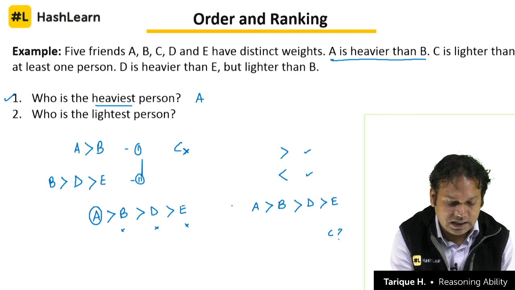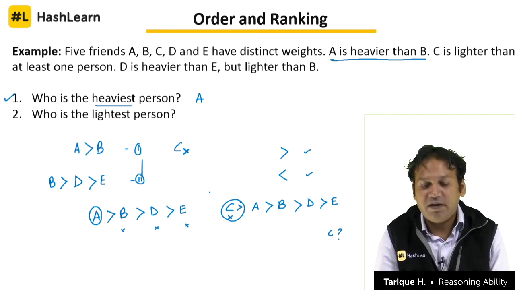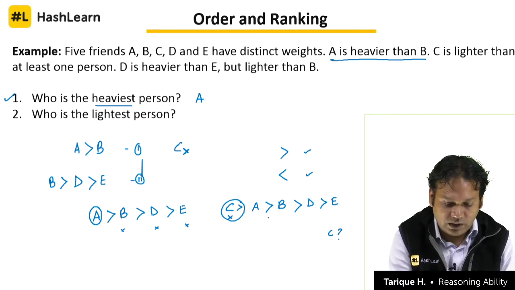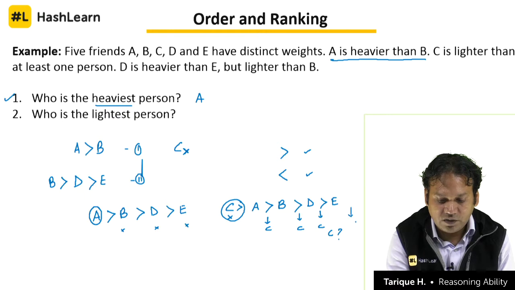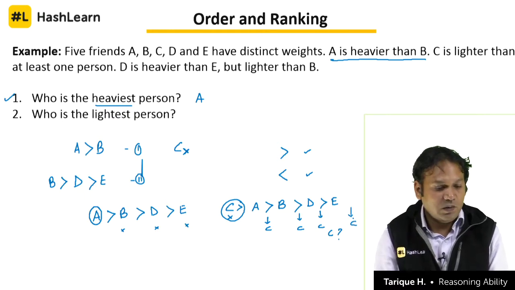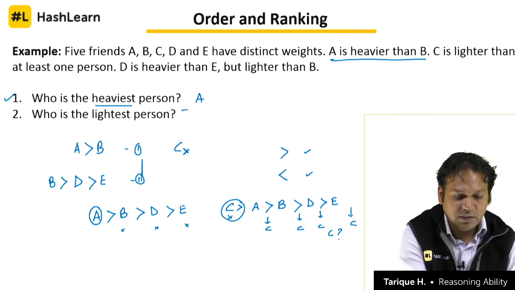So obviously we can say C will not come at the top. C cannot be the heaviest one, but C can come between A and B. C can come between B and D. C can come between D and E, or C can be the lightest of all also. So who is the lightest person? Indeterminable.